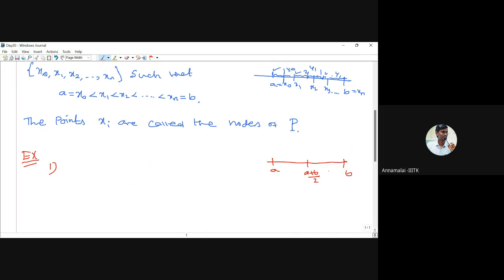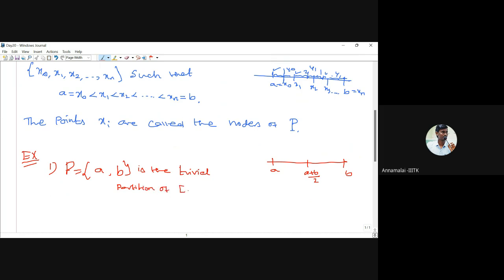If I take just a and b, this is one of the partitions, called the trivial partition of the closed interval [a, b], with only the endpoints.